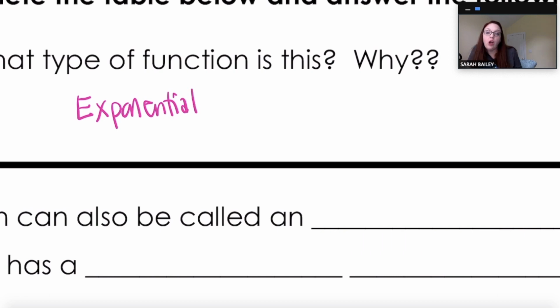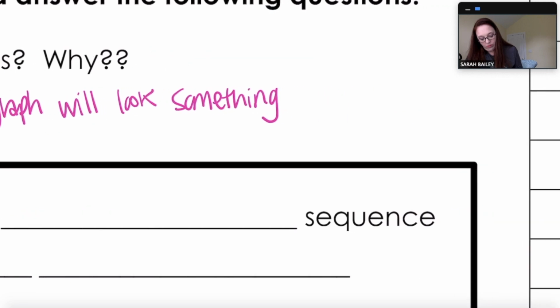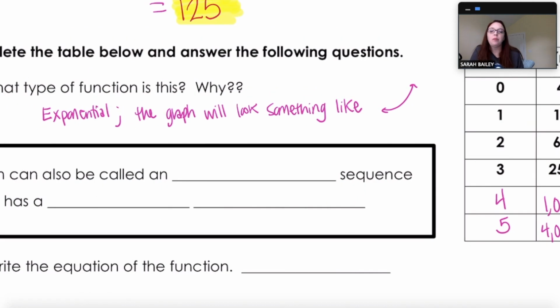And how do we know? If we test it out, we could see the graph would look something like that when we graph it. So that's exponential.